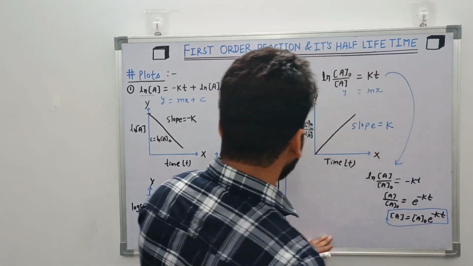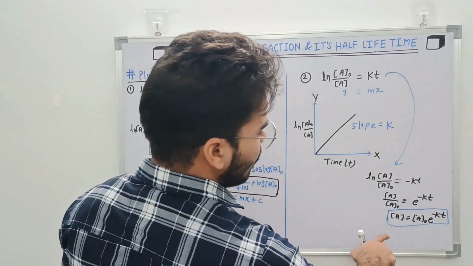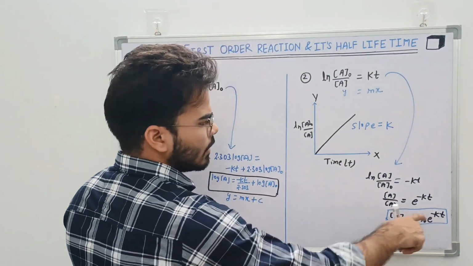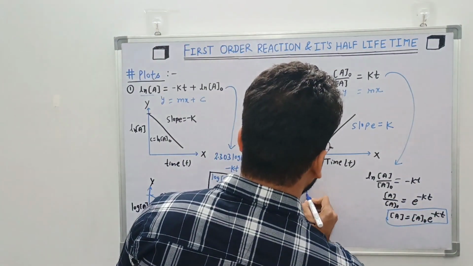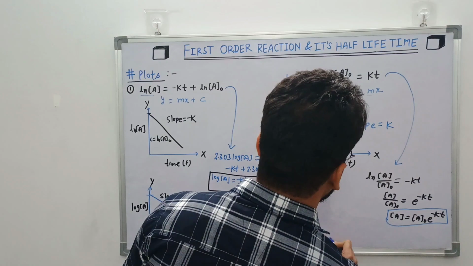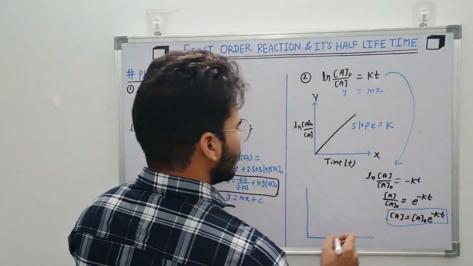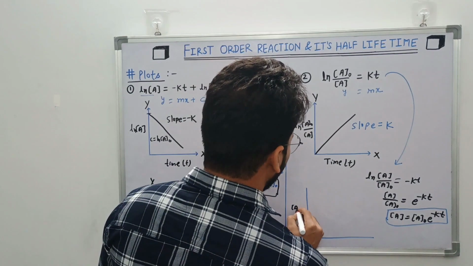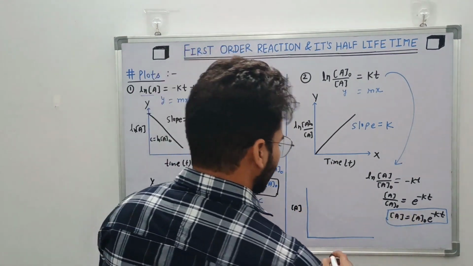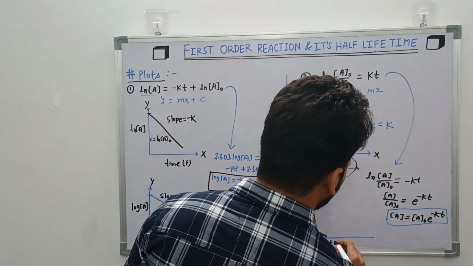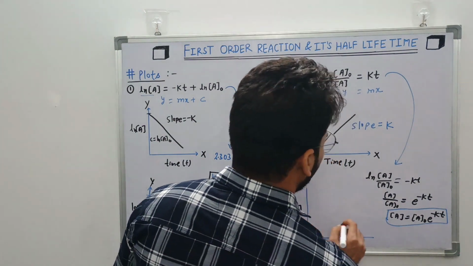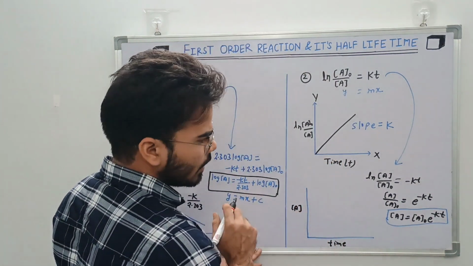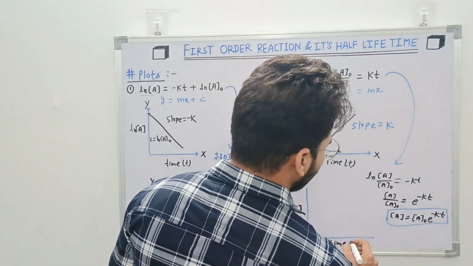Now we want to plot a graph between concentration A and time t. Our y axis is concentration A and our x axis is time t.